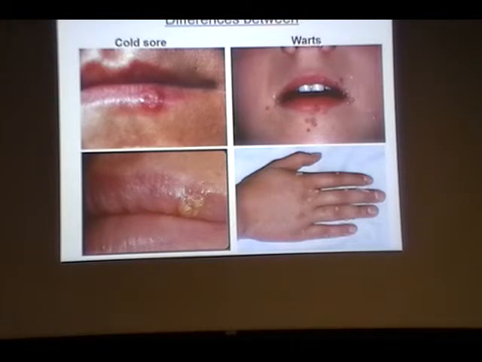But you should be able to distinguish them because there's a clear difference between cold sores and warts. Cold sores develop from the red color to yellow and then disappear. But warts will stay there and get bigger and bigger, more and more.